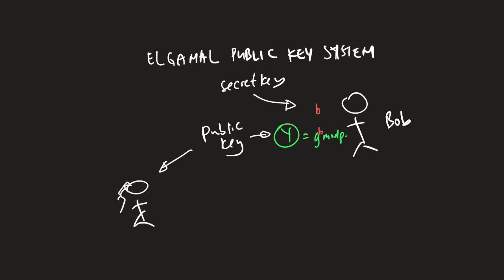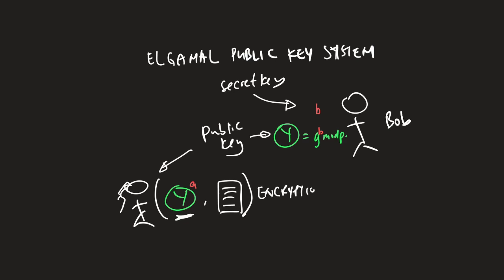And so Alice will use Bob's public key, and then she will take Y to the power of A. And then to encrypt the message, she will use this as a key for encryption. This is symmetric encryption to create ciphertext.